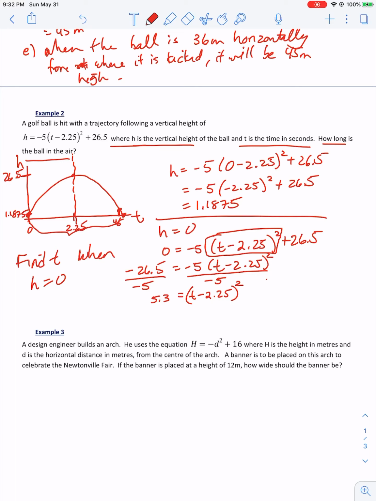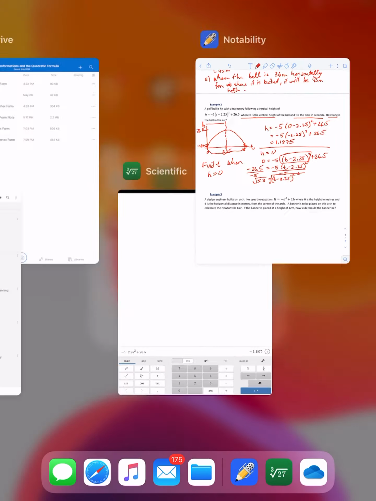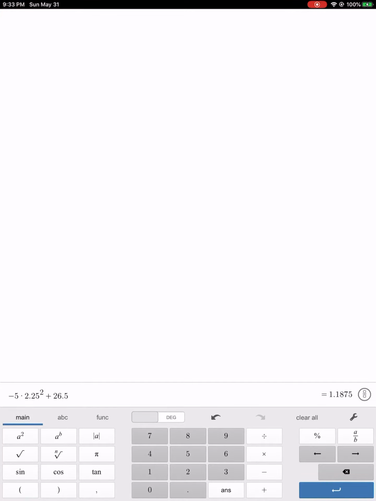Now we need to undo the squaring, and to undo squaring, use square root. You can't add the 2.25 yet because it's still inside that bracket. And you've got to isolate the bracket, and the bracket's not quite isolated yet until we get rid of that squaring. So we're going to square root both sides. I need to calculate the square root of 5.3.